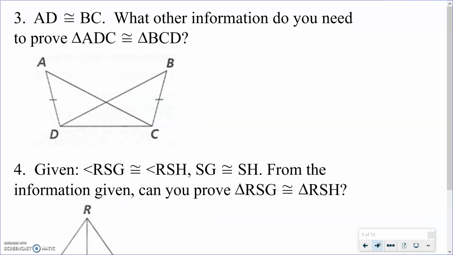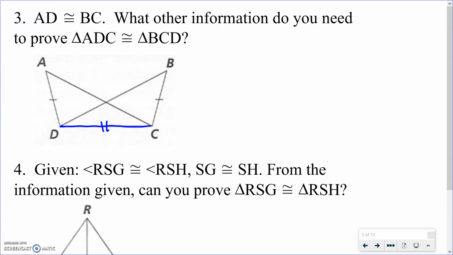All right, so what we're going to look at now is triangle ADC and BCD, and we're given that AD is congruent to BC, and we need to figure out what else we would need to say that triangle ADC and BCD are congruent. Well, DC is part of both of these triangles, okay? So I'm just going to trace over that side and say we know that DC is the same on both of these. So now we have a side, and then this other side that's congruent. There are 2 different things we could ask for.